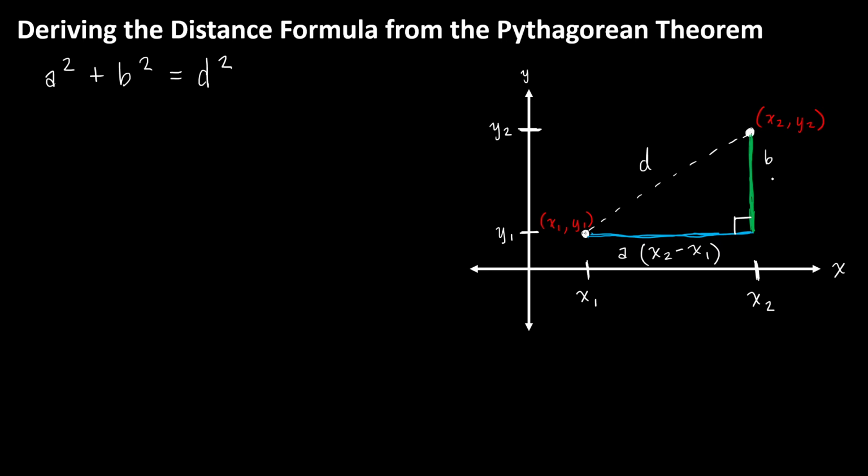And B, same thing, except we are going to find the vertical distance. We are going to find the change in the y values. So this would be y2 minus y1. So let's update our Pythagorean theorem. And again, A represents our horizontal distance.